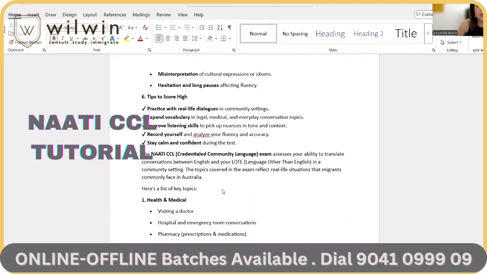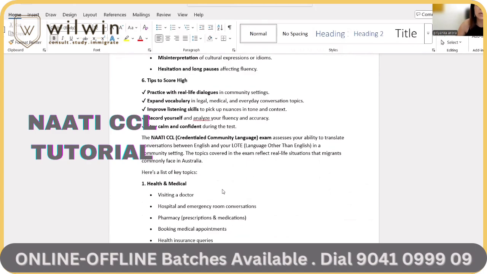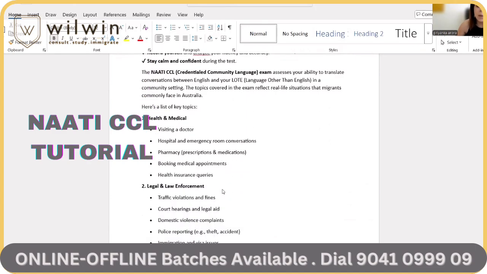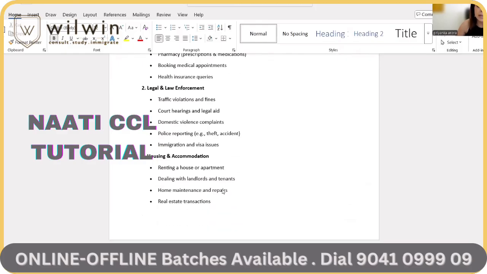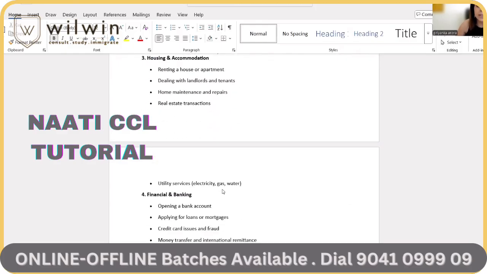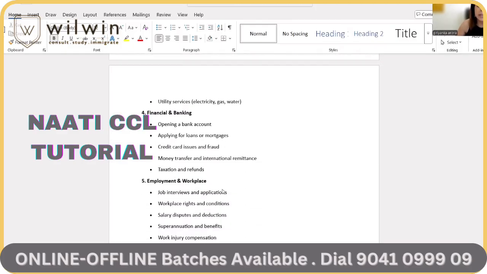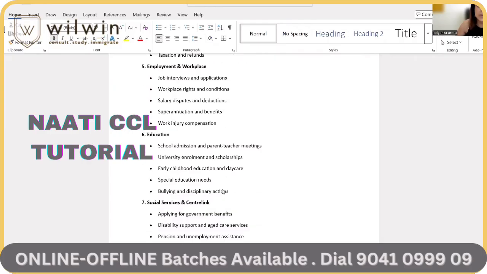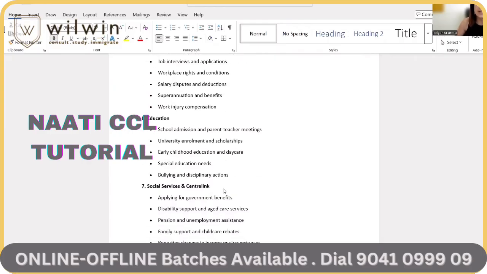So when I was talking about the topics, the first topic is health and medical, out of which you can get the dialogues. Then the legal one, housing and accommodation, financial and banking, employment and workplace, education, social service, and Centrelink. Centrelink is a body that helps immigrants settle down in Australia.